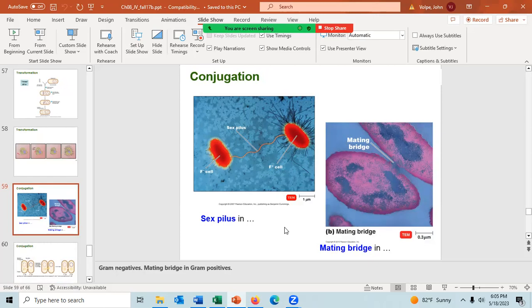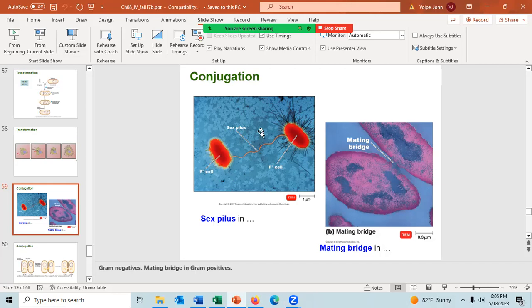It happens between an F+ cell that has a sex pilus and an F- cell that does not. The F positive cell also has an F plasmid. The F plasmid encodes for the sex pilus. And then the sex pilus literally skewers this cell and then allows the F plasmid to move from this cell into that cell.